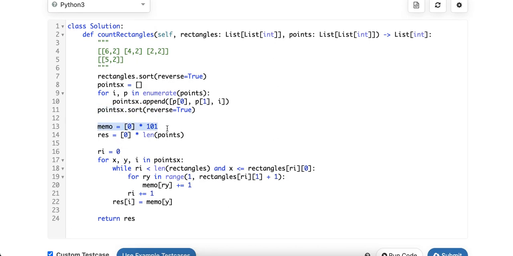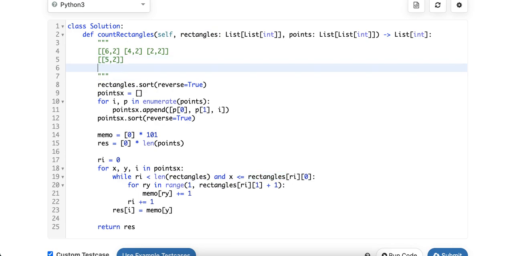Then we prepare this memo, where, because of all this ordering, we can calculate all the y for each rectangle already, so that the next point check will build upon the previous check. Hence, for each point, we are checking the next rectangle. We don't check the same rectangle twice. That's how this becomes efficient. So now the time complexity, right?